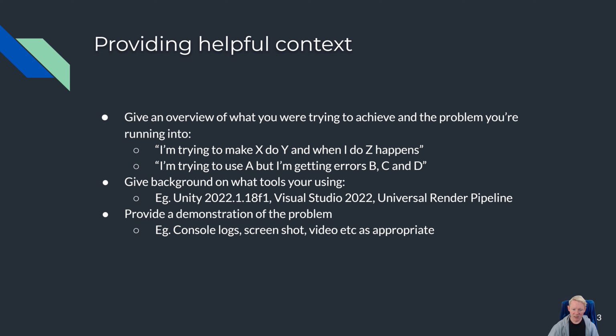If you're seeing some visual corruption, then a screenshot could be good for that. Or if it's something that's changing over time, and again best conveyed visually. Say you were trying to jump and you fell through the floor. A short video of that could be quite helpful, seeing what's happening over time. So providing those is really helpful.